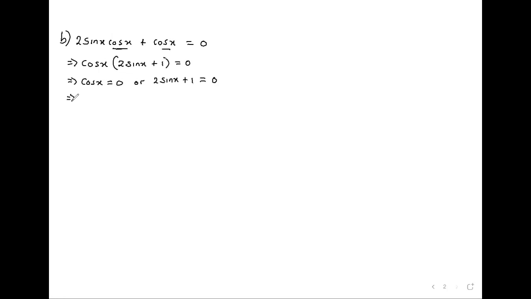Then cos x is equal to 0, or sine x is equal to -1 over 2. We take positive 1 to the other side and then divide by 2.